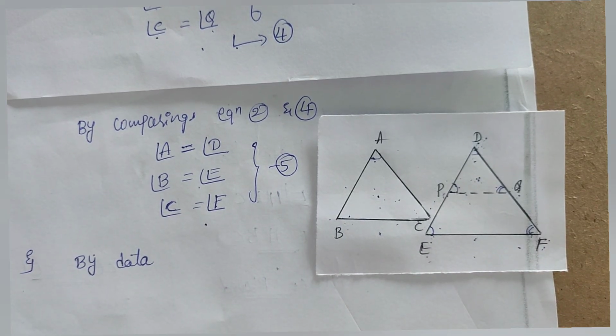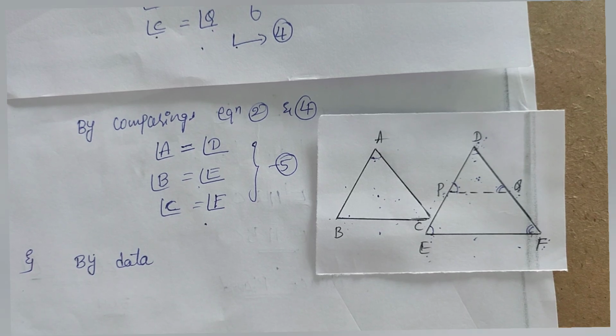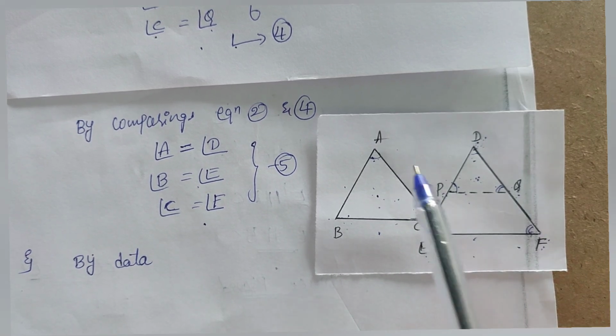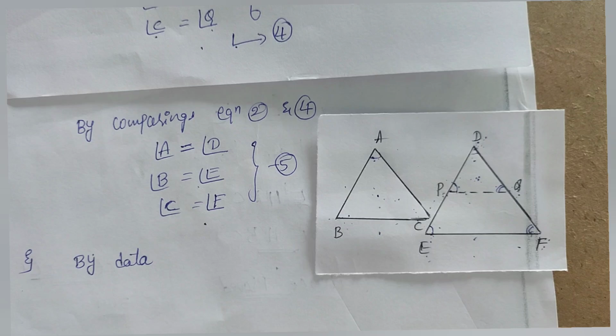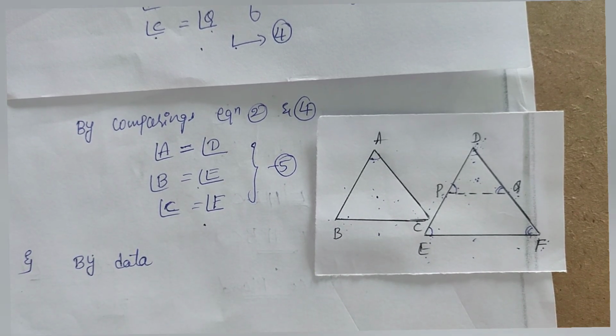By these two conditions, we can remember the definition. That is, if two triangles are said to be similar, then their corresponding sides are in the same ratio, that is in the data, and the corresponding angles must be equal. It is in equation 5.